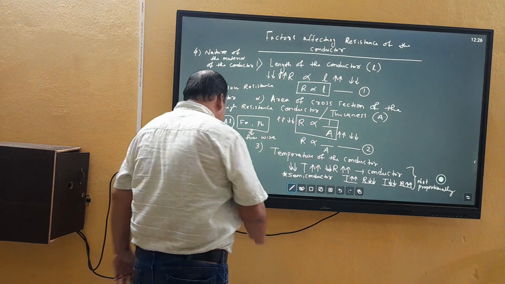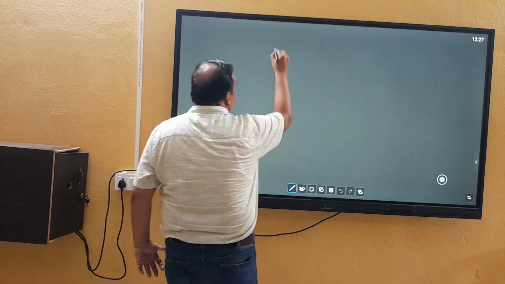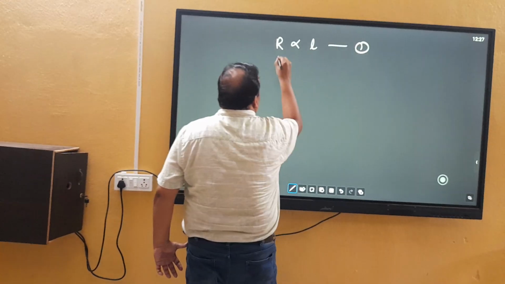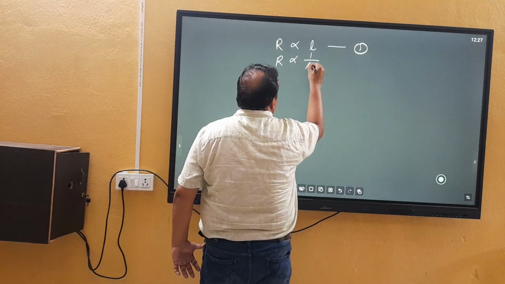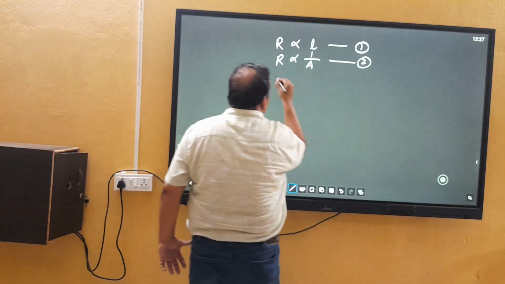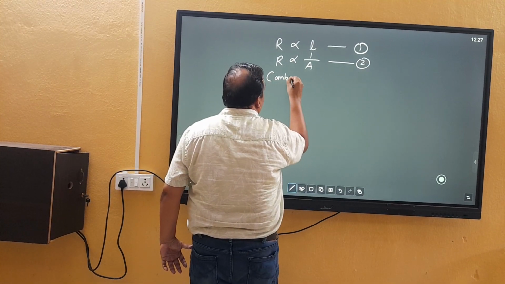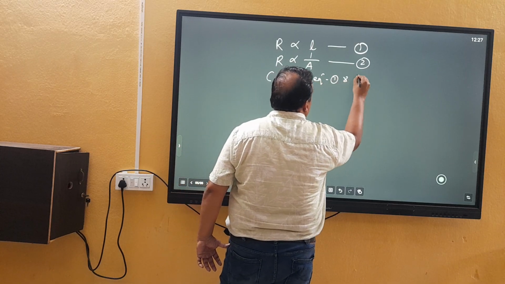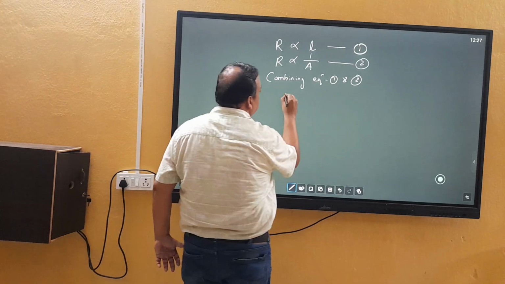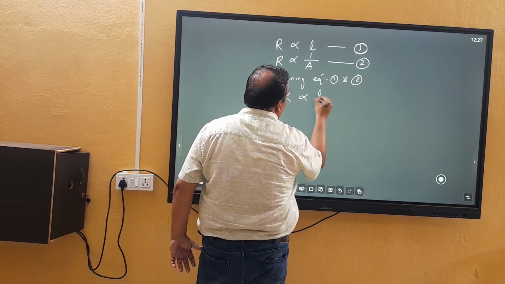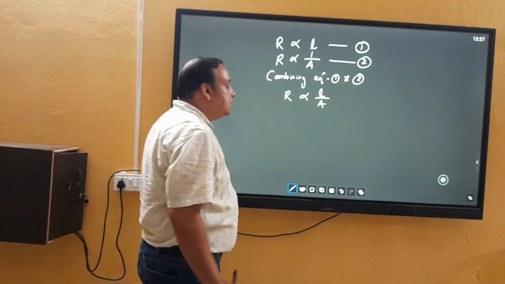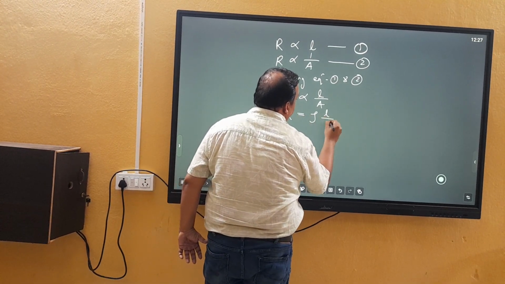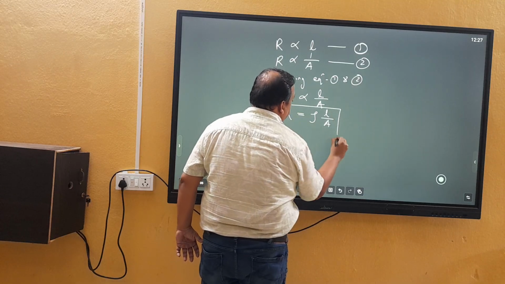Combining equation 1 and 2, R is proportional to L by A. Then R is equal to rho L by A.